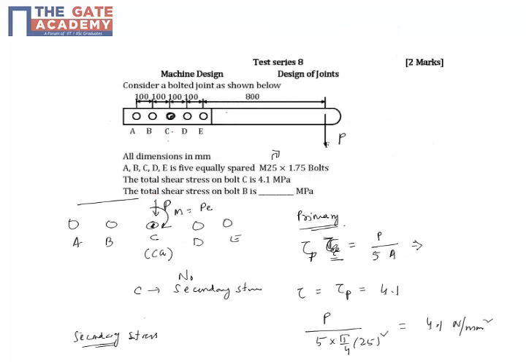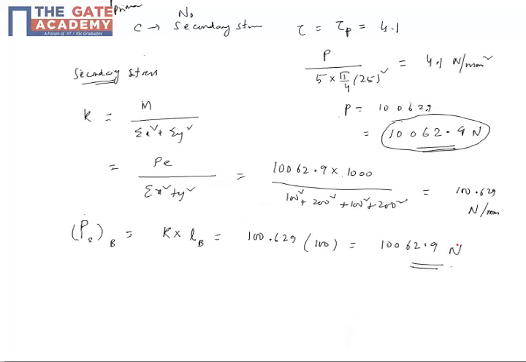Now remember the direction. Because of this moment, P will try to produce a force like this, whereas the moment will try to oppose this force. So this is the primary load on B, and this is the secondary load on B, and they are opposite in direction. The values are exactly the same.